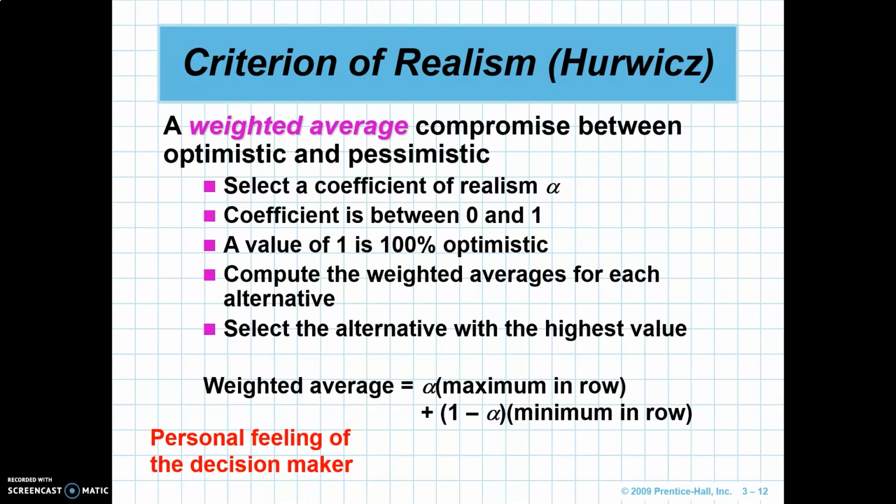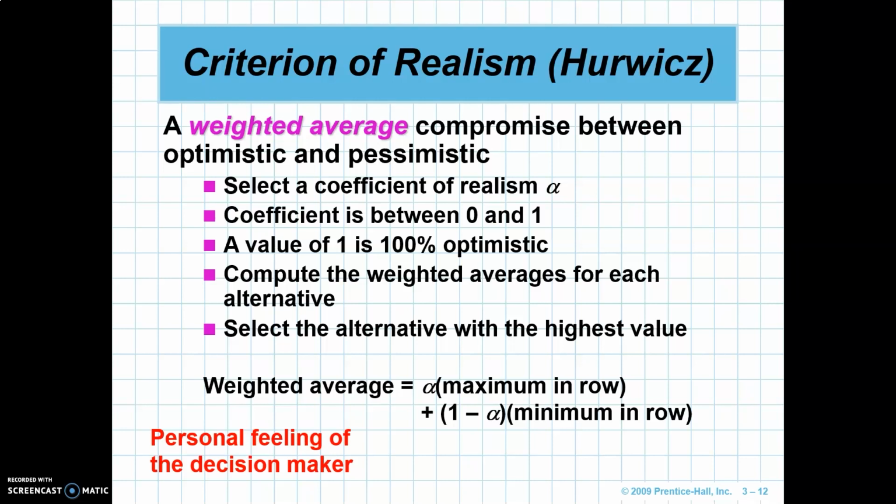First, you have to select a coefficient of realism, which is denoted by alpha. It lies between 0 and 1. A value of 1 is 100% optimistic and a value of 0 is 100% pessimistic.